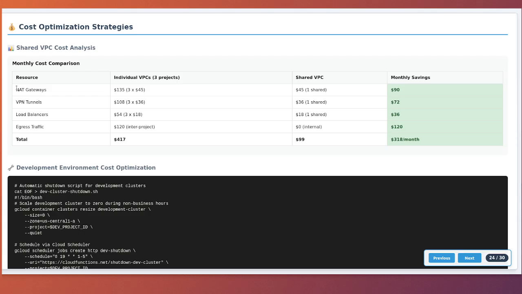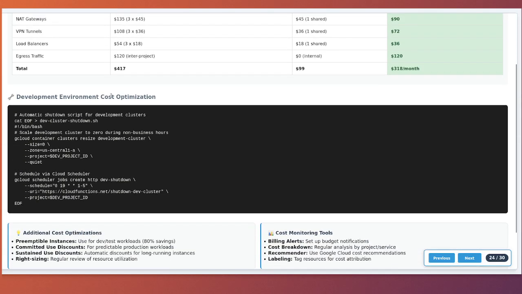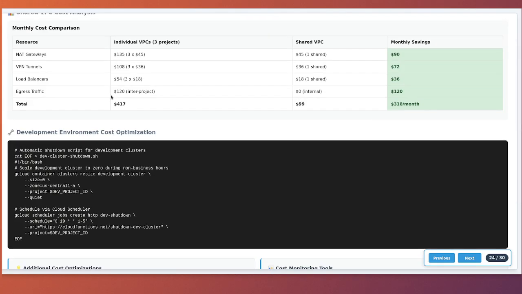Use smaller machine types, preemptible instances, and auto-scaling to zero when possible. Network costs can be significant in large deployments. By using shared VPC, you eliminate egress charges for inter-project communication. Also, consolidating external connectivity through shared NAT gateways and load balancers reduces infrastructure costs.